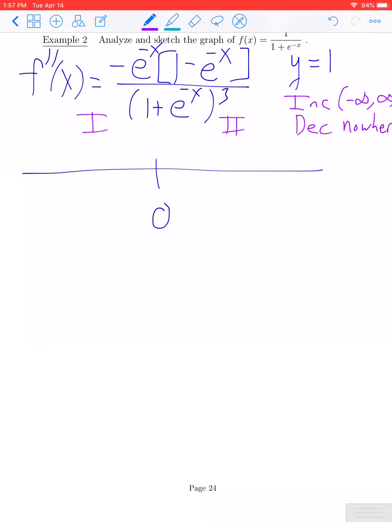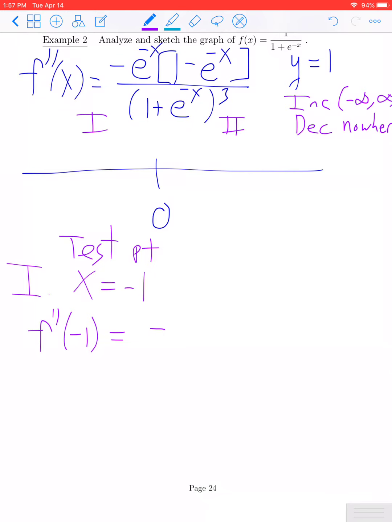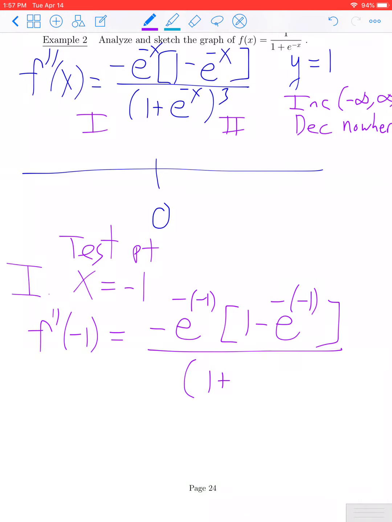For example, if we plug in a test point in region 1, I would say probably let's use x equals negative 1. F double prime of negative 1 would be equal to the negative of e to the negative of negative 1 times 1 minus e to the negative of negative 1, all divided by 1 plus e to the negative of negative 1 cubed.